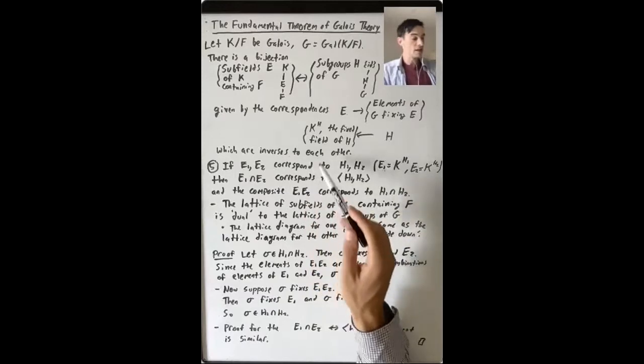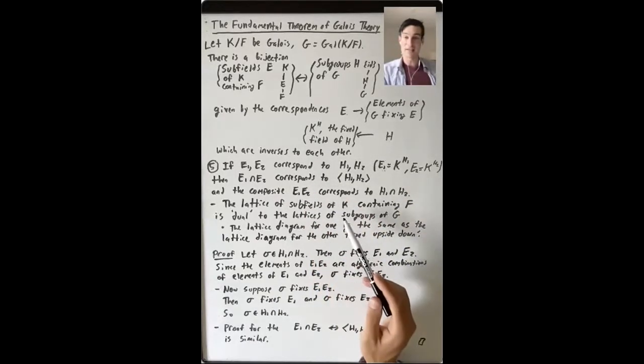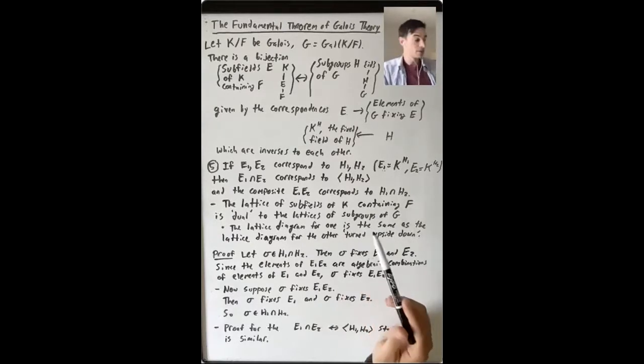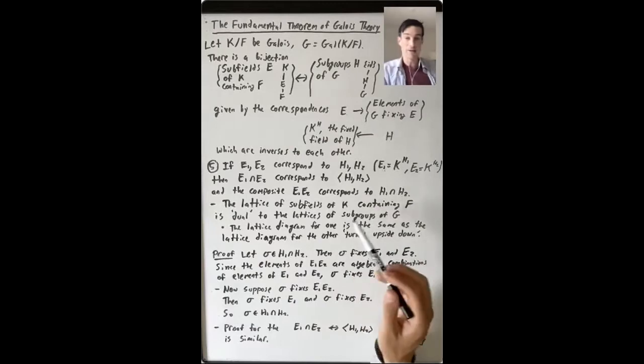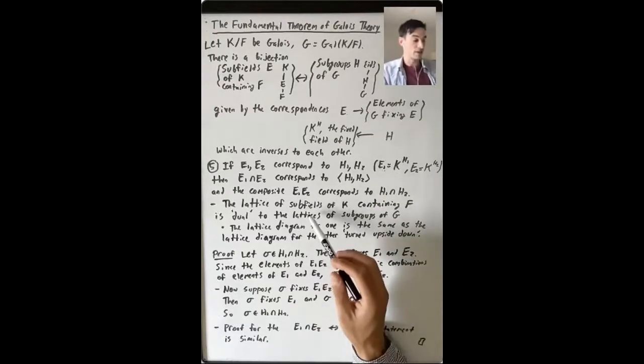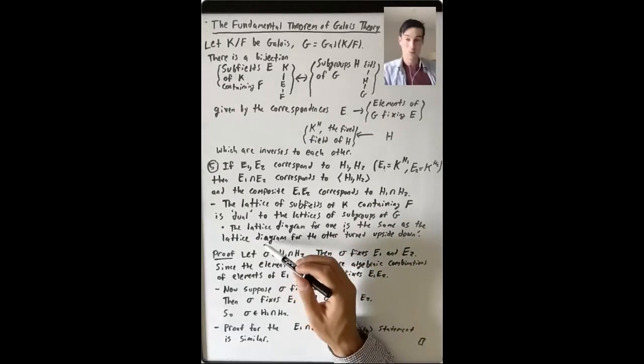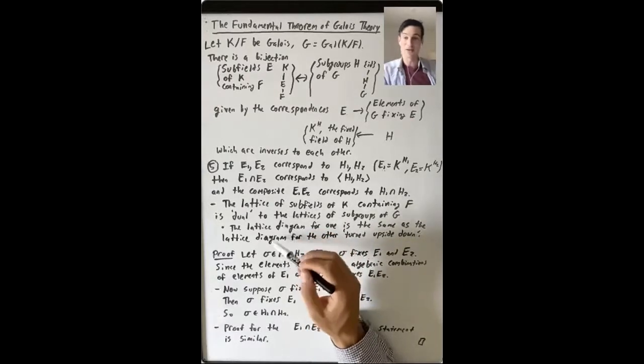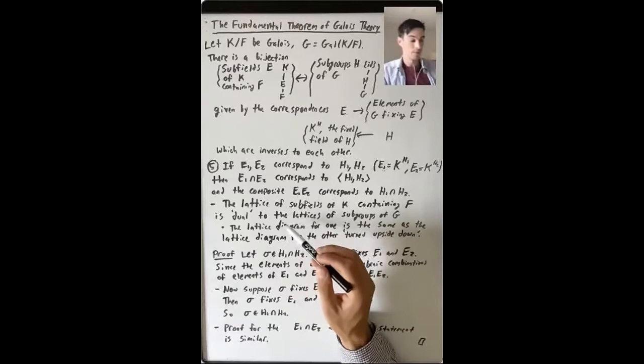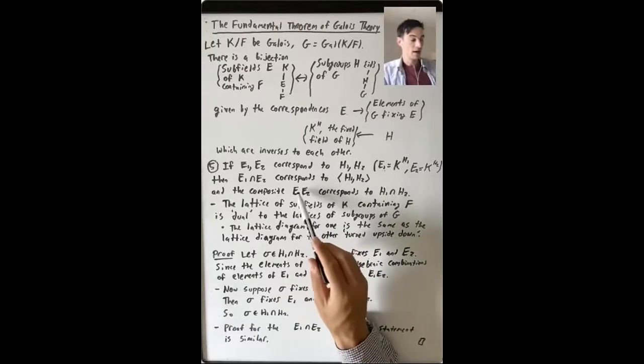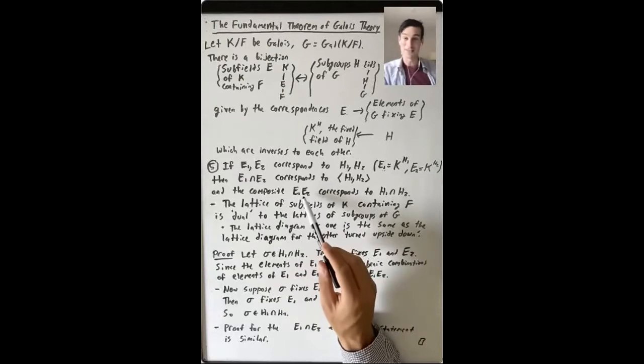And why does this first statement imply the second statement? Well, the key thing is to think about where the lines come from in these lattice diagrams. So you have a line in one of these lattice diagrams, let's say for subfields, between one subfield and another subfield, if one contains the other and there's no field in between them. So when you have the composite of two fields, you get a line.